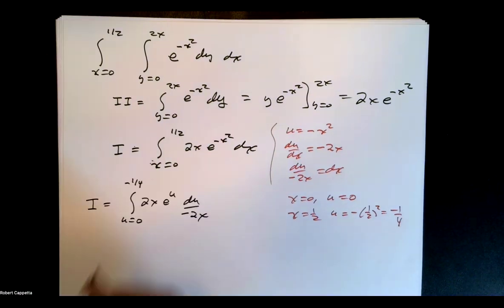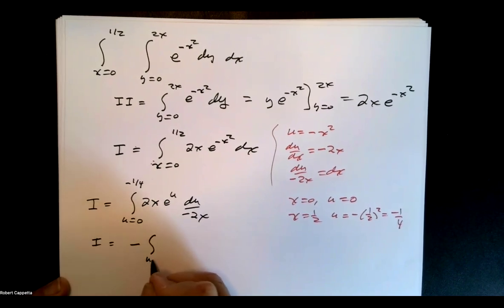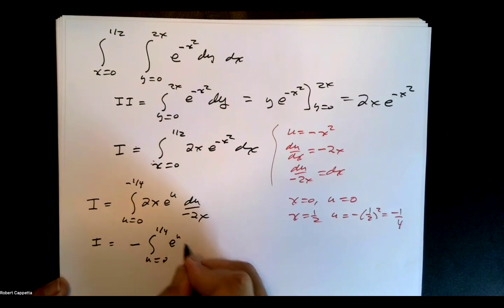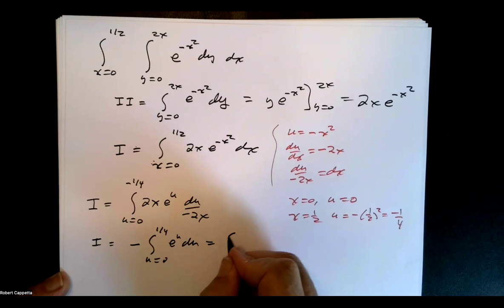That brings us here. So you'll notice that the 2x and the negative 2x will divide out. So I get that the integral is the negative, as u goes from 0 to negative 1/4, of e to the u du. Let's just go ahead and switch the order and change the sign.